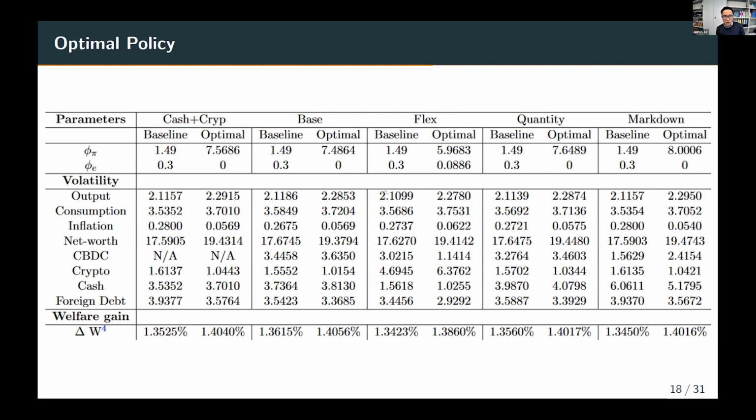We did it on purpose so that we do not impose upper bounds on the reaction to inflation, which is usually common practice in the profession, because it affects welfare a lot. But look here, only in the flex model do they allow for a non-zero reaction to the exchange rate by the central bank.